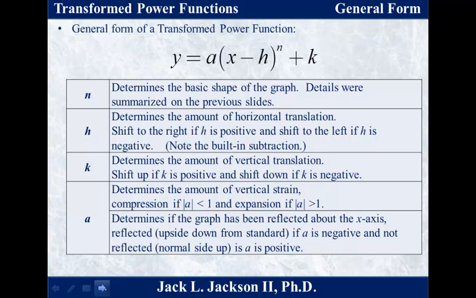Whereas if the absolute value of a is bigger than 1, we stretch it vertically, a vertical expansion, so the image points are further away from the x-axis than the pre-image points. And if a is negative, then it flips over the x-axis from what we saw in the basic way.